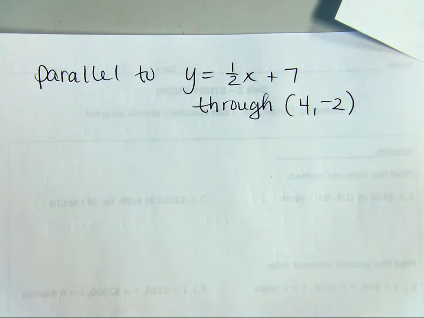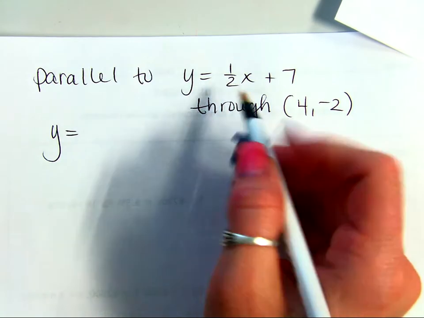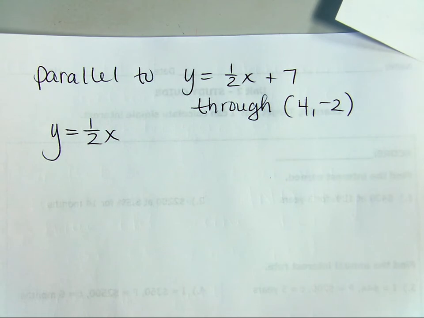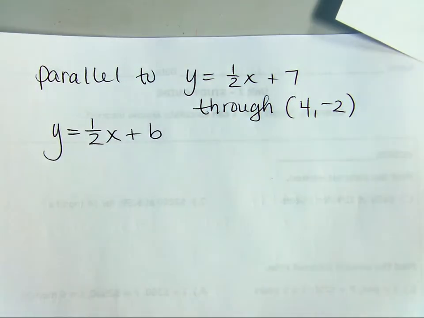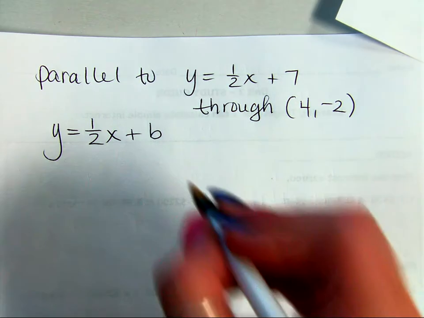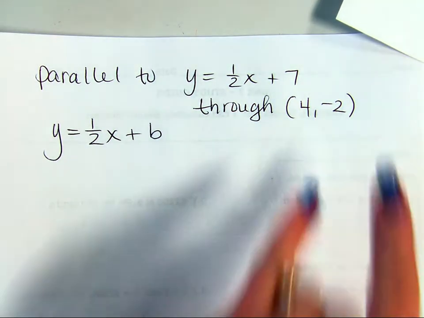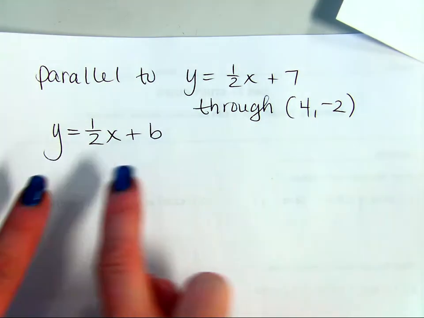So how should I set this up? I should set it up by saying y equals, well, I want it parallel, so I better keep the slope a half. If I don't, it's not going to be parallel. Then your plus b. Good? Then I go to work and I put the x in for the x. I still had a lot of people, this is not the order that these points go in the equation, right?